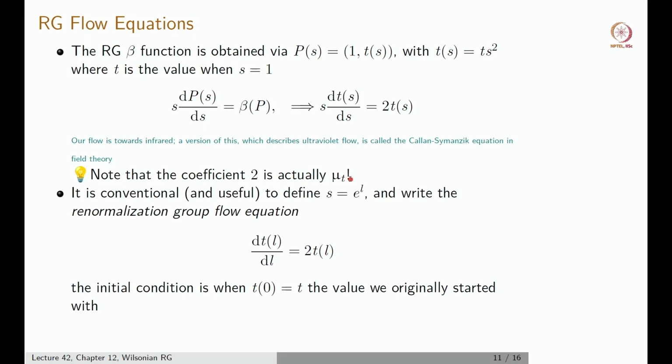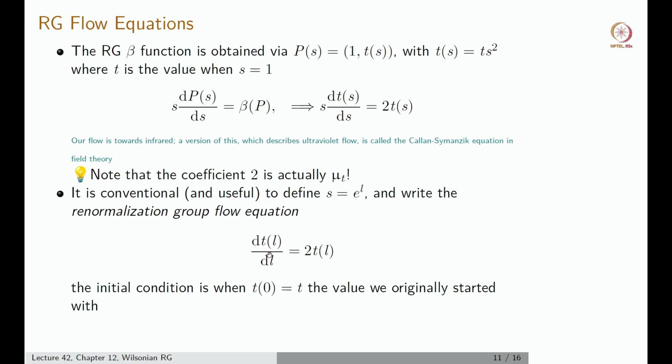It turns out that people from condensed matter particularly would like to think about this somewhat differently, in a slightly different parameterization if you wish. So you define S equal to e to the power l, so that this logarithmic kind of derivative is made into a simple derivative with respect to l, and instead of writing it as a function of S, you write it as a function of l.